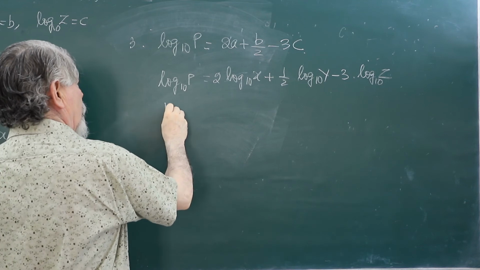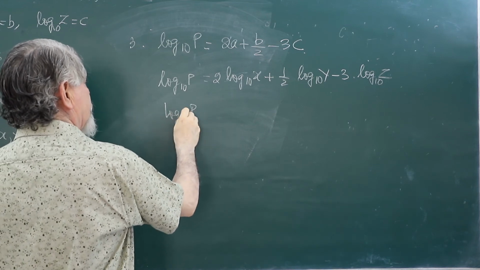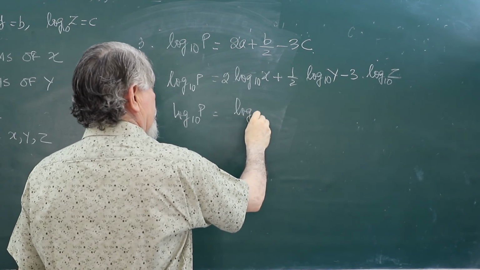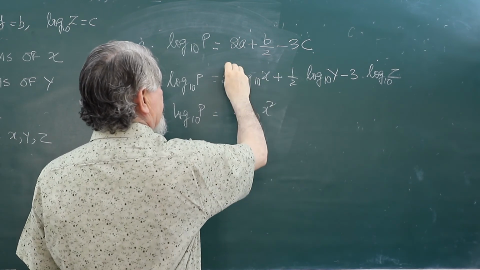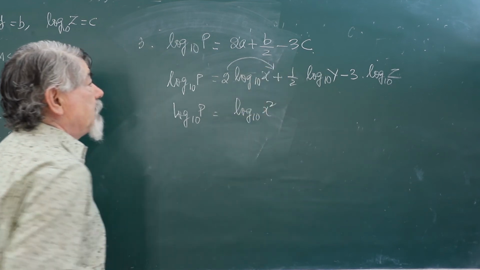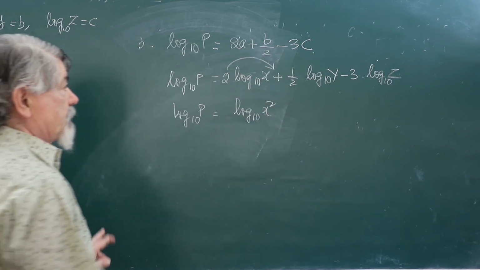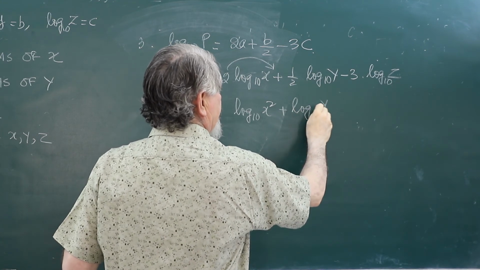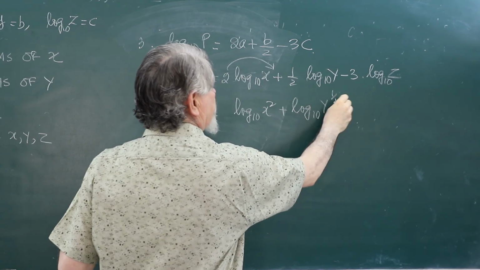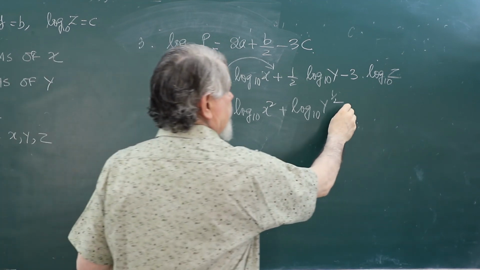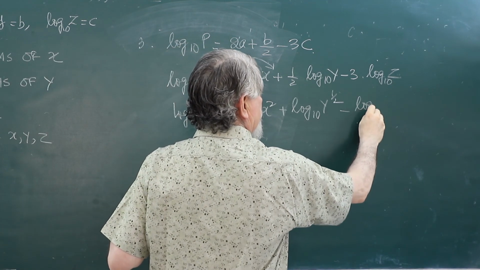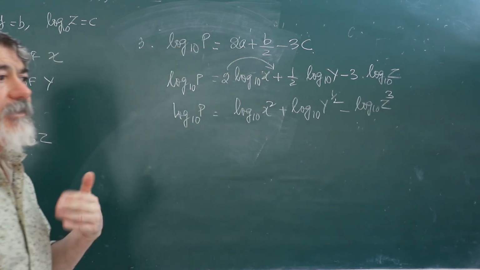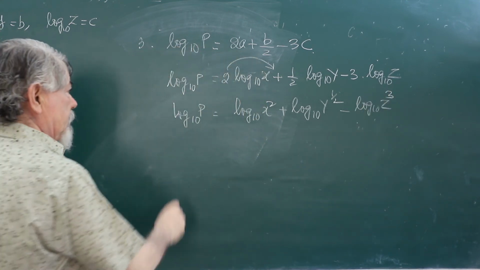Now log p to the base 10 will be equal to log x to the power 2, I can take this here, x to the power 2, plus log y to the base 10 to the power half, minus log z to the power 3. The multiplication can be taken as the power.